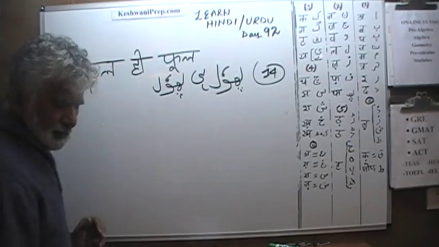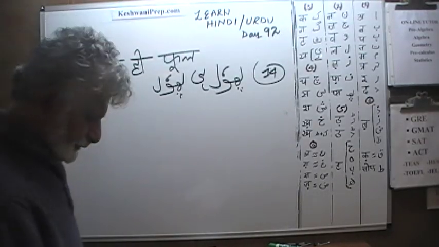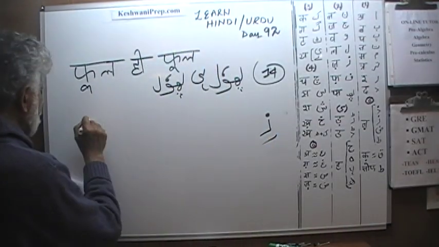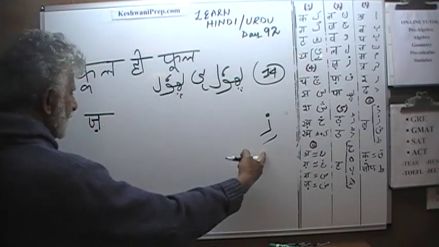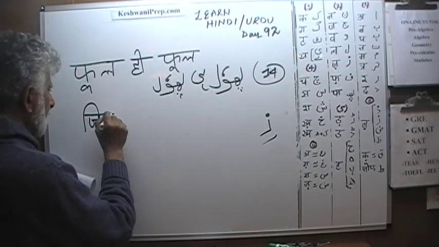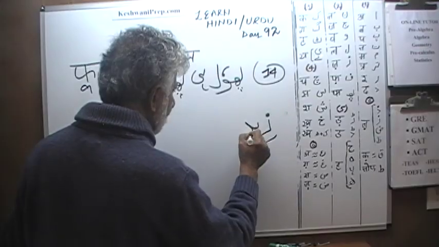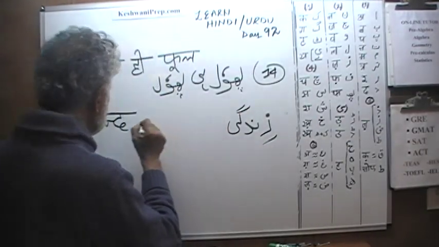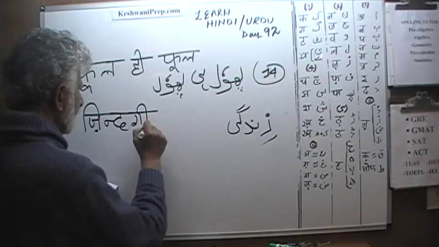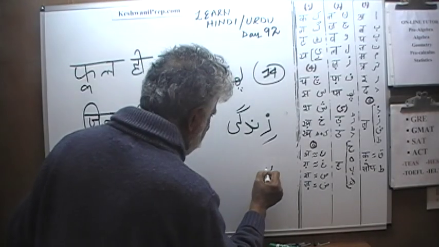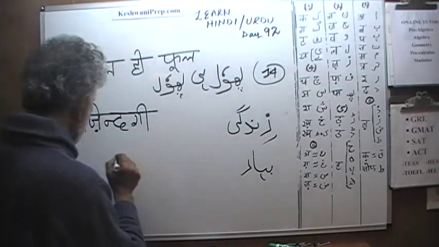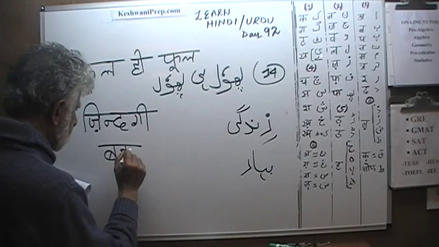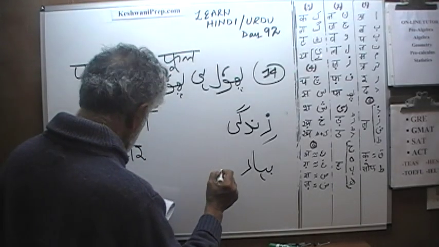Zindagi bahar hai. Life is like a springtime. Zindagi. Zin, Z, बड़ी छोटी की मात्रा. Zin, the, gi. जिंदगी बहार है.